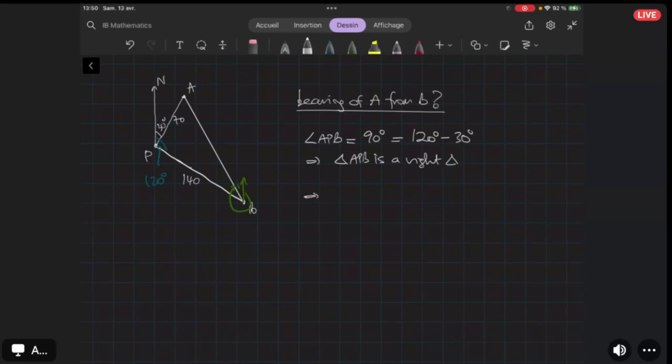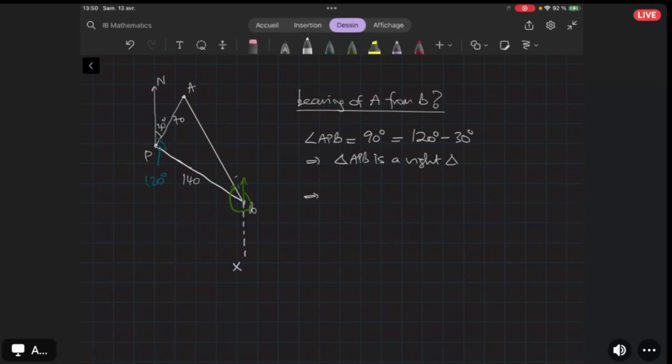There are a lot of ways you can go about calculating this angle, right? What I would do is extend this guy. Let's call this, I don't know, X.